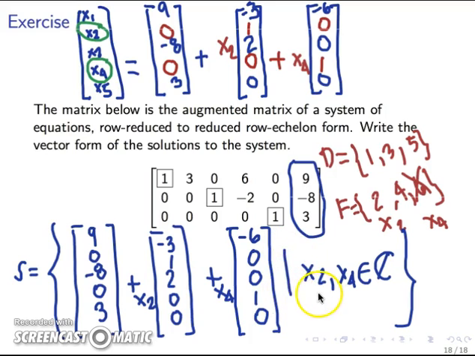Then we write a vertical line, and then x2, x4 are members of C, and then we close. This is the set notation, and this is exactly what we wanted to express: how to compute the solution set of the linear system that corresponds to this augmented matrix in reduced form. This is precisely that solution set now expressed in vector form.